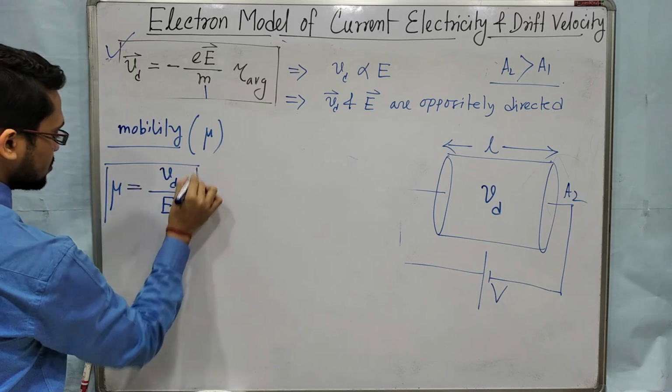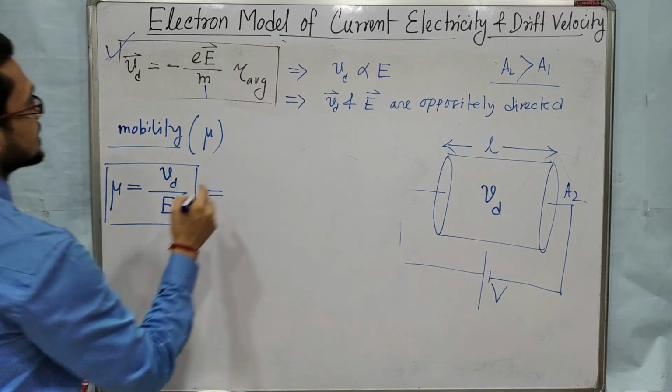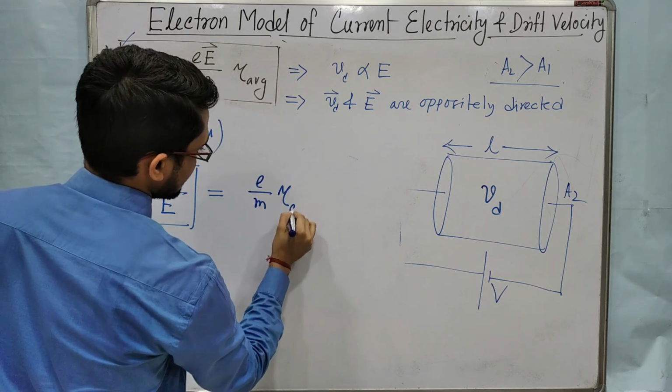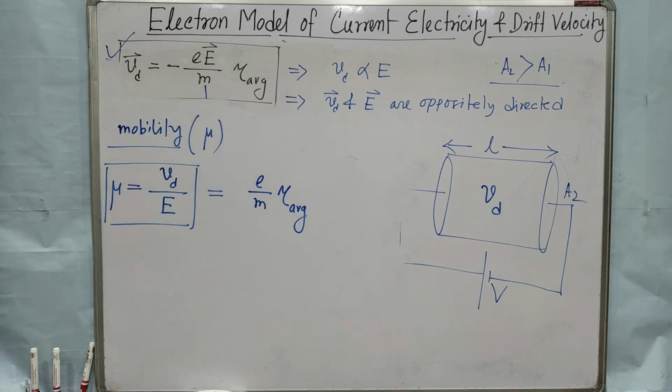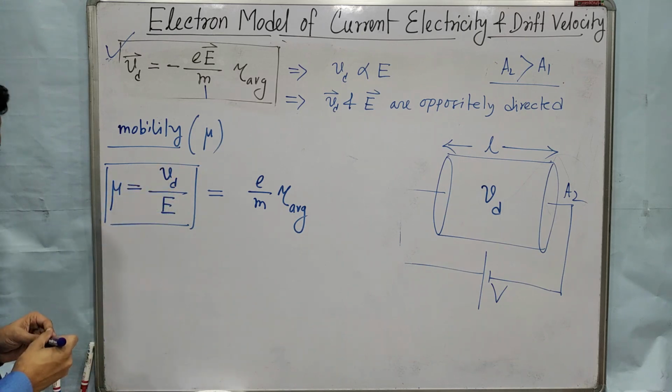So mobility mu is equal to e by m into tau average, taking only the magnitude. Mobility is the drift velocity per unit external electric field.